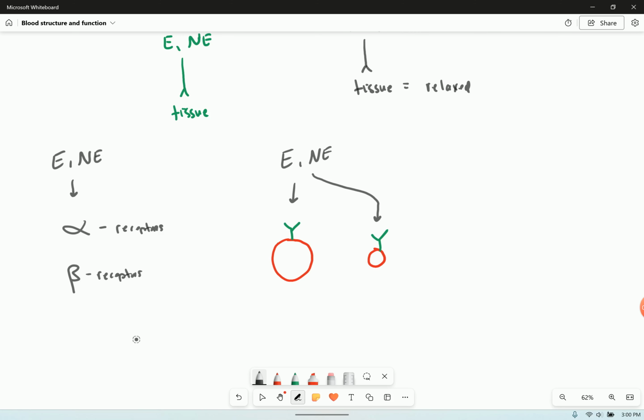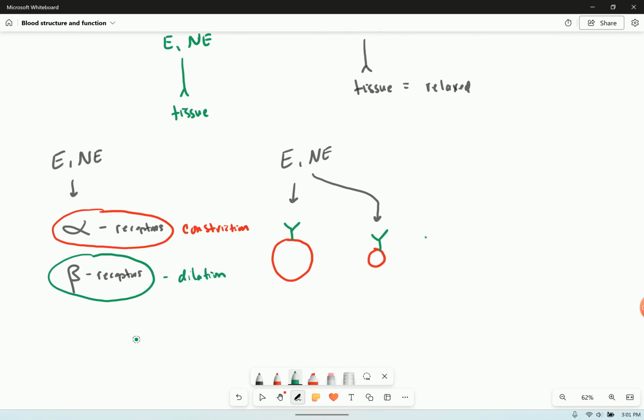If it is an alpha receptor, it is going to cause constriction. If it is a beta receptor, it is going to cause dilation. So the bronchioles will have an alpha receptor, which means when epinephrine, norepinephrine bind, it can cause constriction.